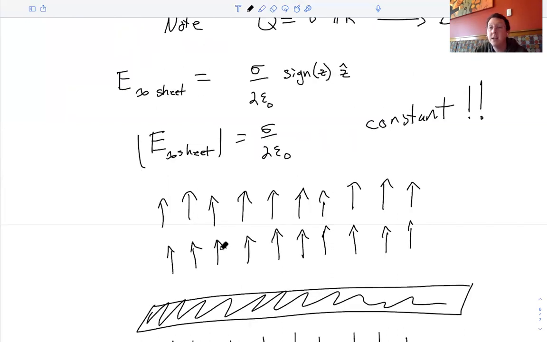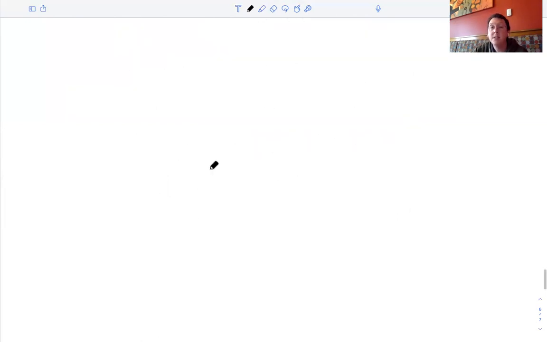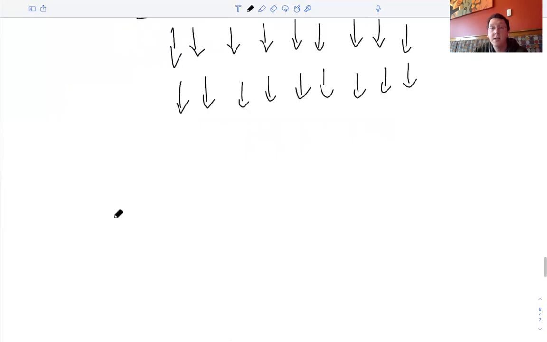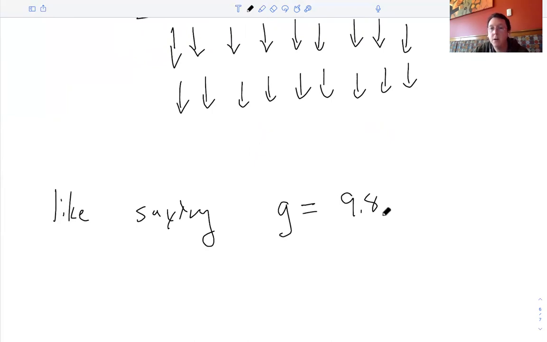You know what this is like in a gravity problem? This is like saying that g is always constant, 9.81 meters per second squared near the Earth. We said that it was the same 1 meter off the ground, or 2 meters, or 3 meters off the ground.